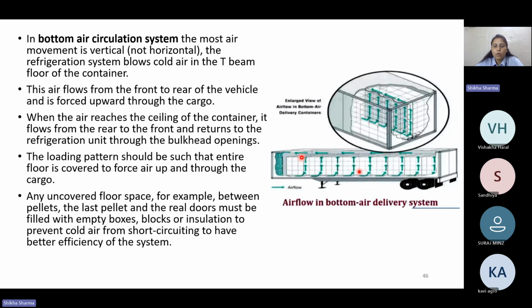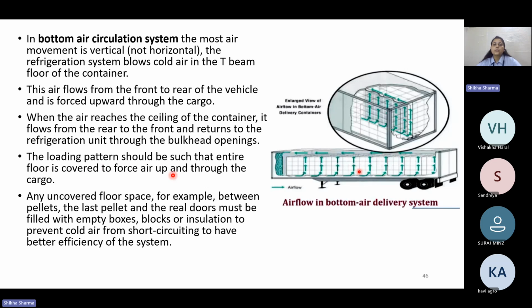From the bottom it follows a vertical route towards the ceiling. When the air reaches the ceiling of the container, it flows from the rear to the front and returns to the refrigeration unit through the bulkhead openings.